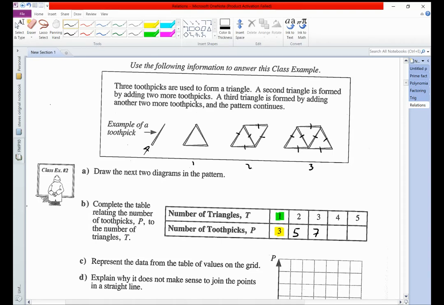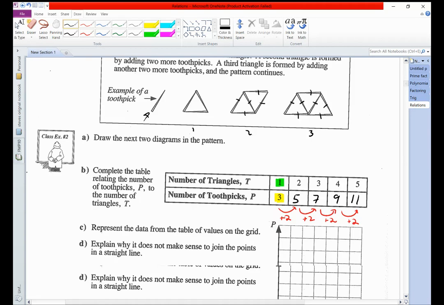So we could sit and draw the 4th one if we want, or hopefully we're picking up on the pattern here that this one's going up by +2 every time. So we should be able to say, okay, if we wanted to make 4 triangles, we need 9 toothpicks. And if we wanted to make 5 triangles, we would need 11 toothpicks.